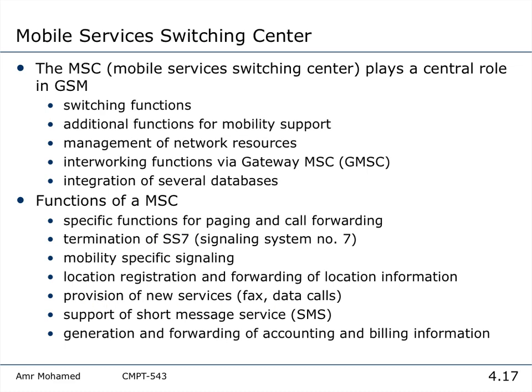Provision of new services. Sometimes when I perform a call, one of the steps is to make sure that first this mobile station is authorized to make the call. Maybe that mobile station does not have access to make phone calls, or maybe it does not have credit, so I also have to contact billing and make sure it has credit, right?